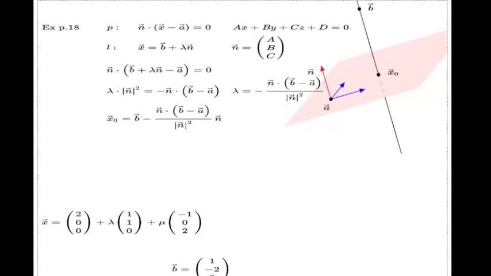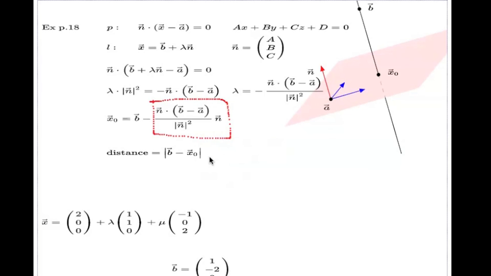Now we can raise the question about the distance. Here it is. Distance is the length of the vector b take x naught. If I sub in my x naught expression in this formula, of course b will cancel b. All that will be left is this piece.